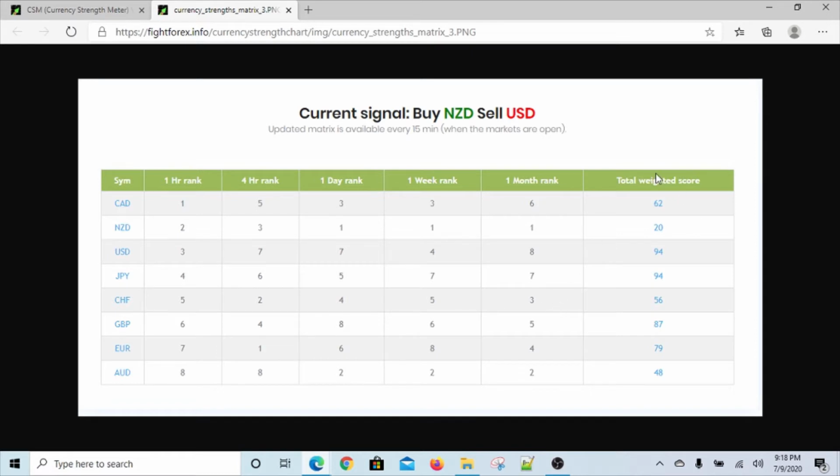Now, what is important in the matrix is the final weighted score. The keyword here being weighted. So what we do is we give the 1 month rank the highest weightage, 1 week rank the lower, 1 day rank the lower, 4 hour even lower, and 1 hour the least. The reason we do that is because 1 hour currency strengths are quite volatile.